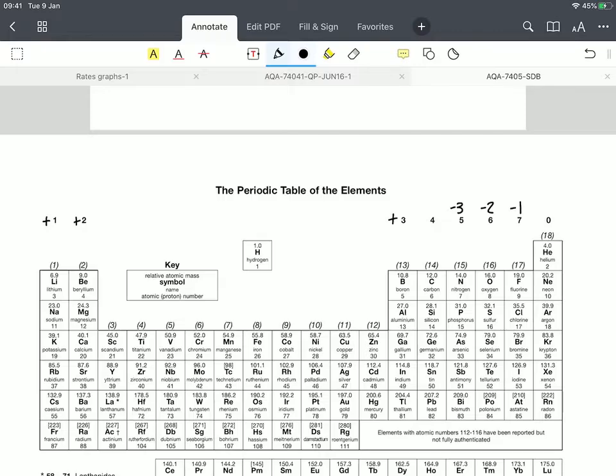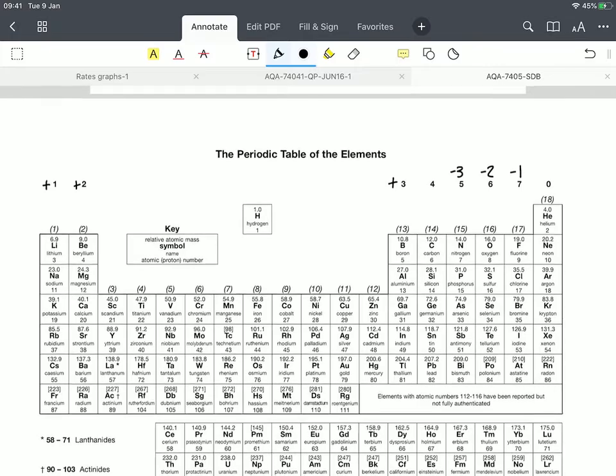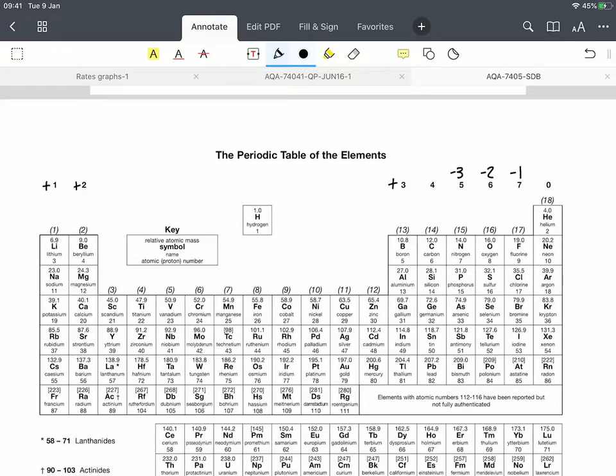Something else that's worth doing, again a fundamental sort of thing, is to give an approximate diagonal line. It's actually a bit more of a grey area, so you might see it done in several different ways. What we're doing here is roughly separating the left hand side of the periodic table, which is the majority of elements which are metallic, from the right hand side, a smaller proportion of the elements which are non-metals.